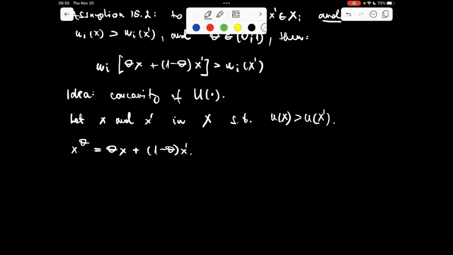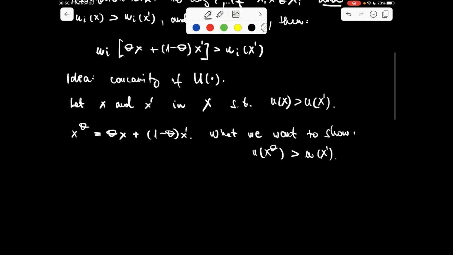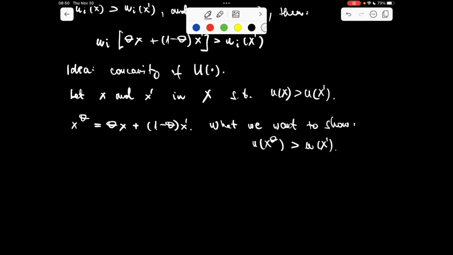What we want to show is that their convex combination is preferred to the less preferred consumption path, which is not too difficult.